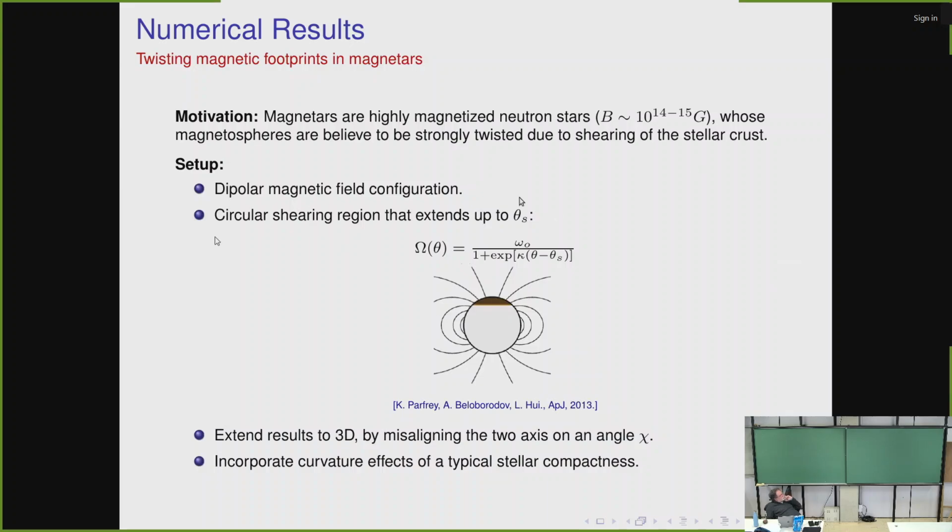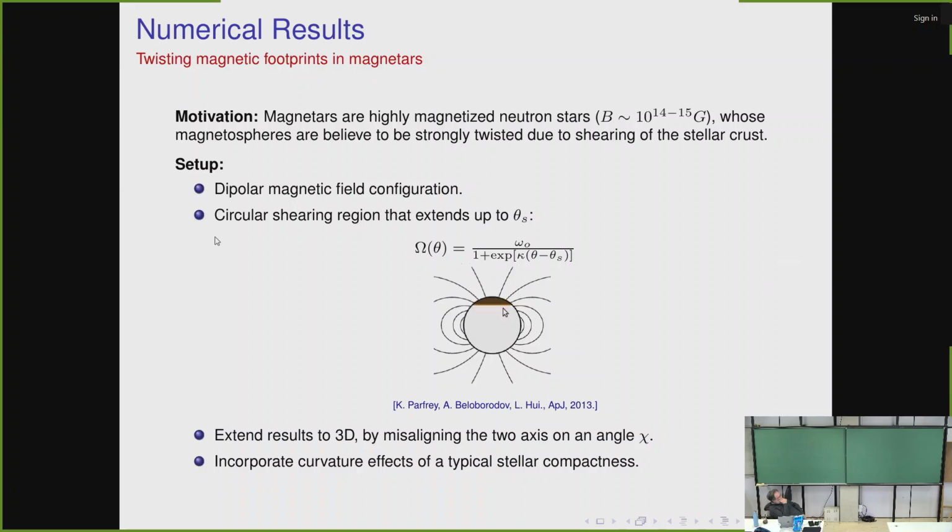And from the model perspective, one possibility is to consider these are typically very slowly rotating neutron stars, but since they are young, this crust sometimes is exposed to very high stresses from the very high magnetic fields. So this could lead to crust failures in some regions of the stellar crust, and this can be modeled by our boundary conditions.